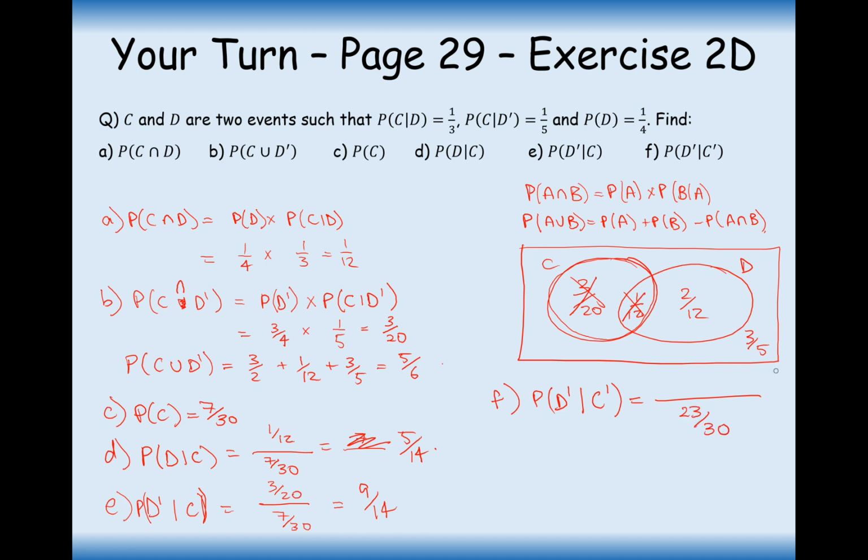So I've added together the region that is not C, and now I need to work out the probability of not D happening. That's 3/5 on the top. So it's going to be 3 divided by 5 over 23 divided by 30, which is 18/23.